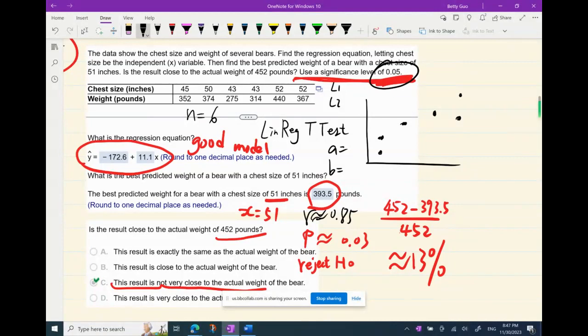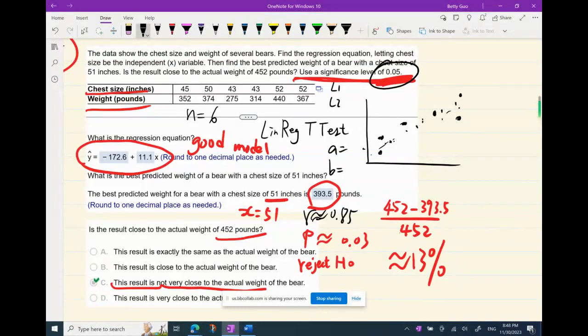I believe, just by my estimation about the two variables, one is chest size, the other is weight, right? I believe if we have more data, the linear pattern would be a lot stronger. This is just based on my subjective estimation. I believe there's a linear correlation because the same bear, it's like a person, right?